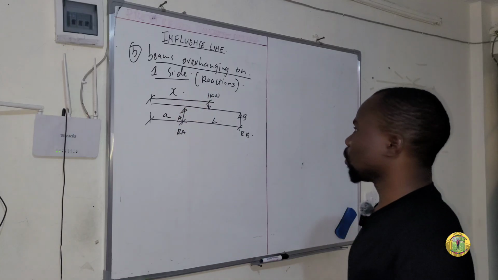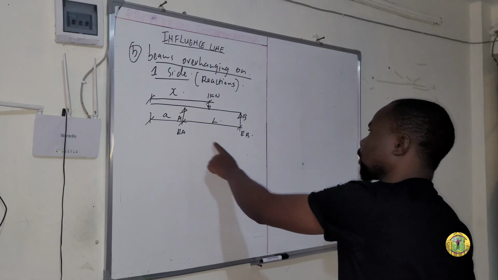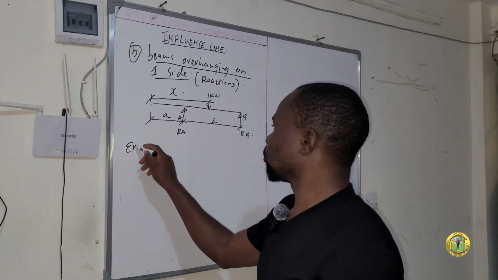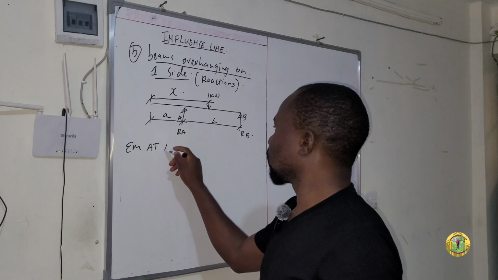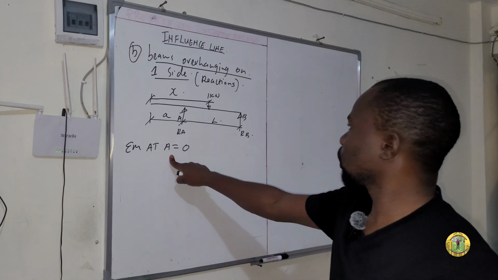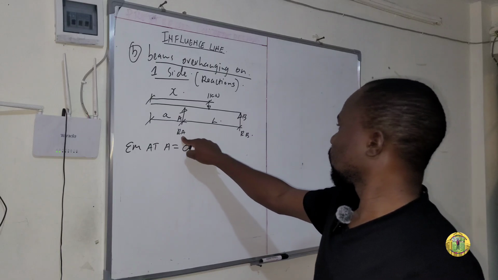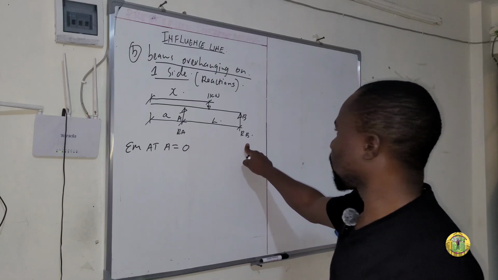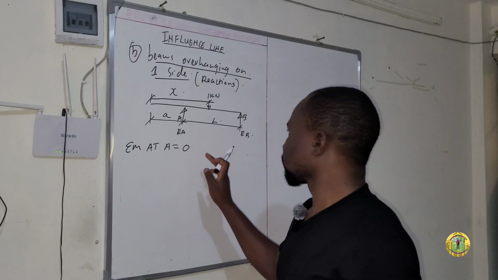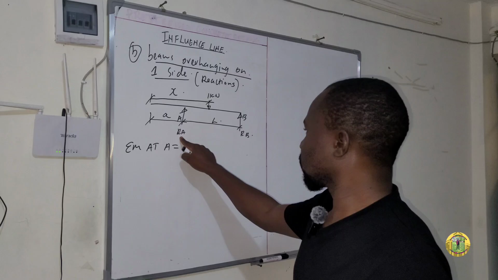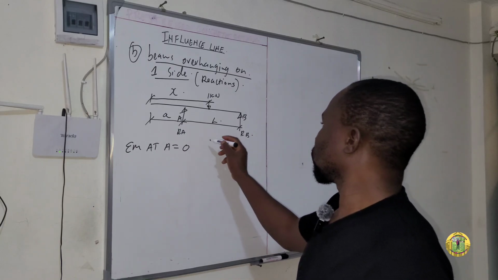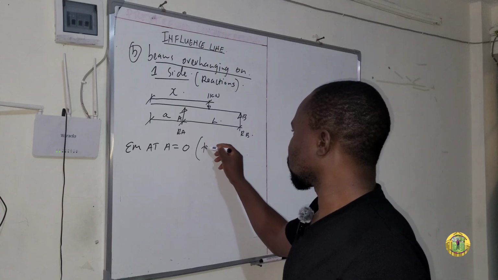So for us to calculate reaction A and reaction B, you will say summation of moment at A is equal to 0. In other words, use the 3 equations of equilibrium. We can consider any point. We have already considered point A by saying summation of moment at A is equal to 0.